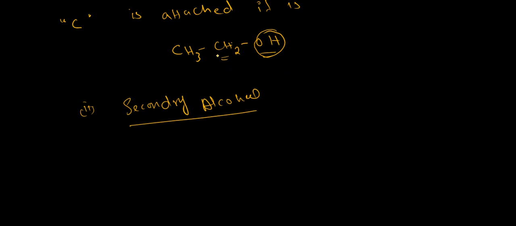If the carbon to which the hydroxyl group is attached has 2 more carbons attached, for example CH3, CH3 and OH, if we look at that carbon atom, it has 2 carbons attached, then it is called a secondary alcohol.